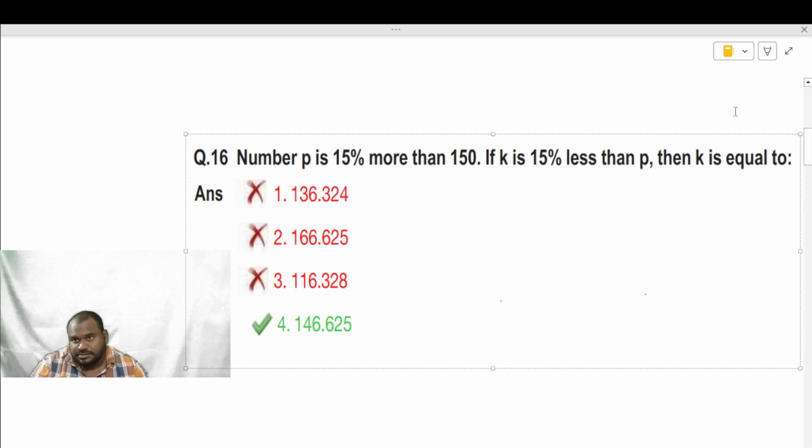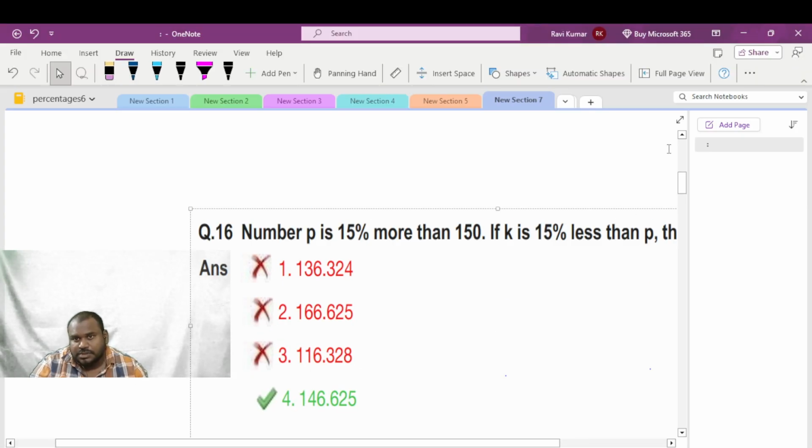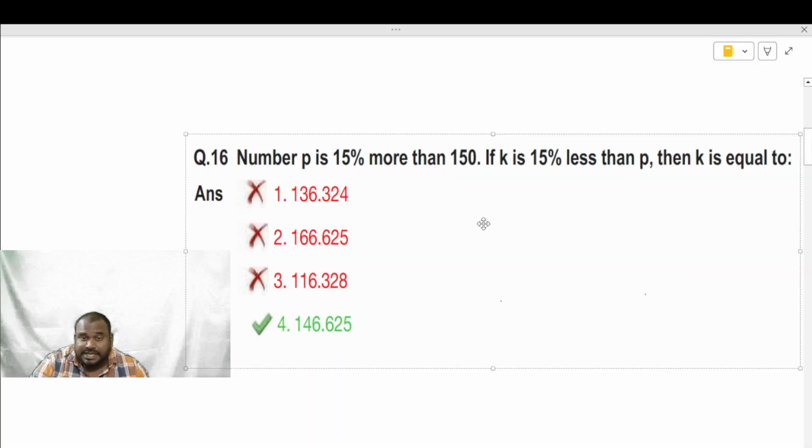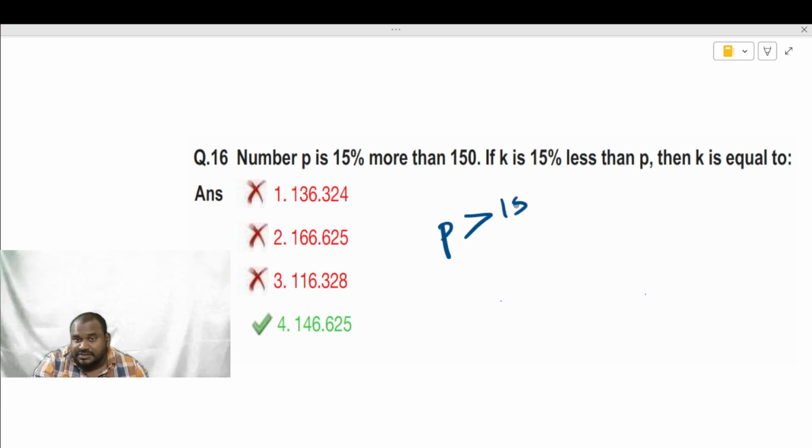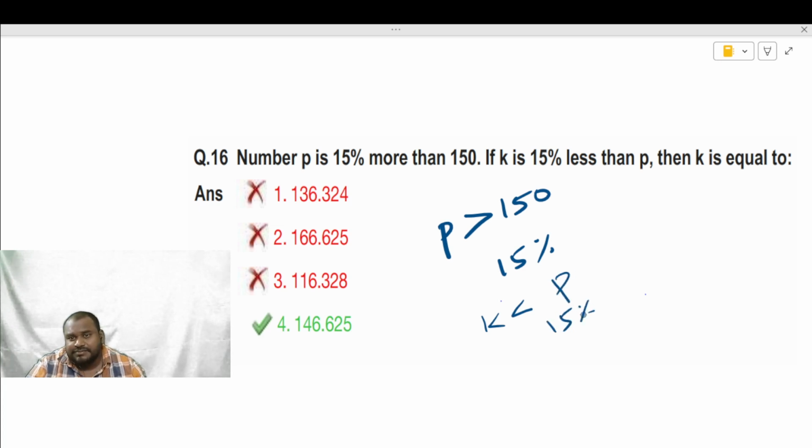Number P is greater than 150 by 15%. If K is less than P by 15%, then you need to find the K value.